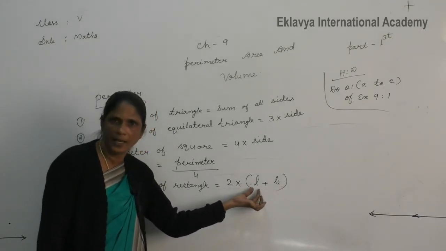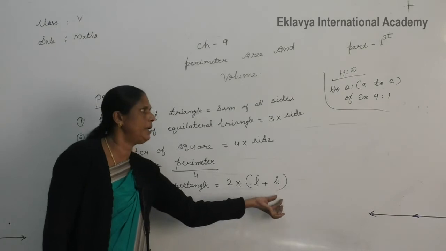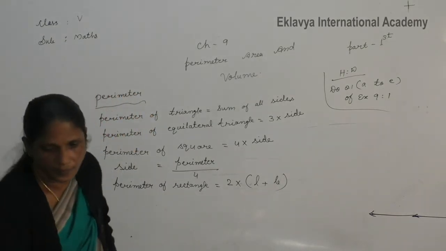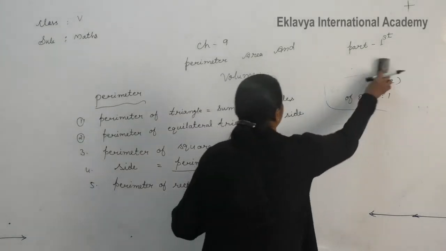L means length, B means breadth. Now you listen.